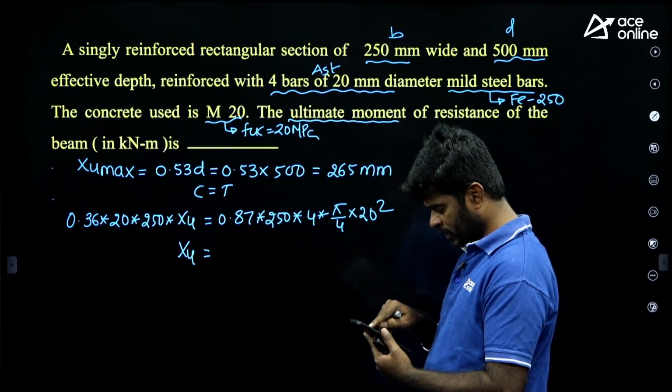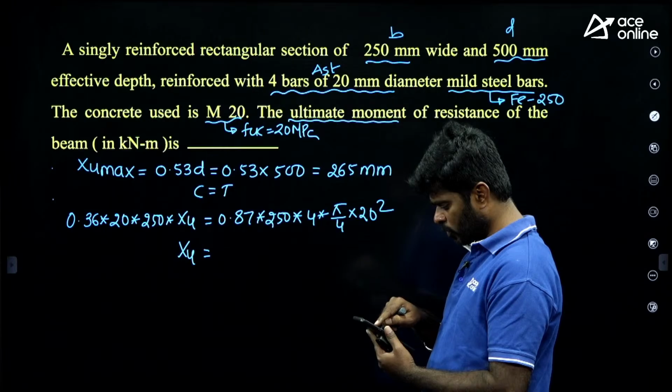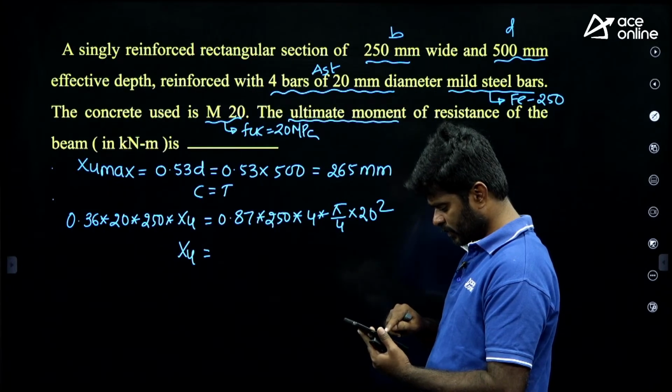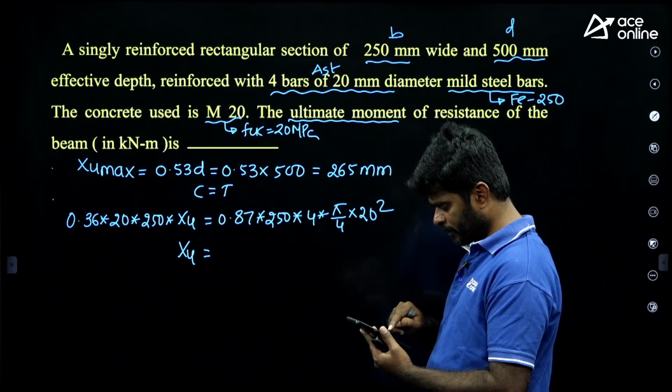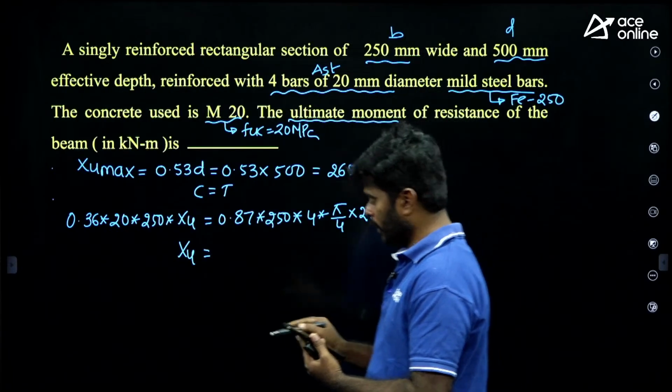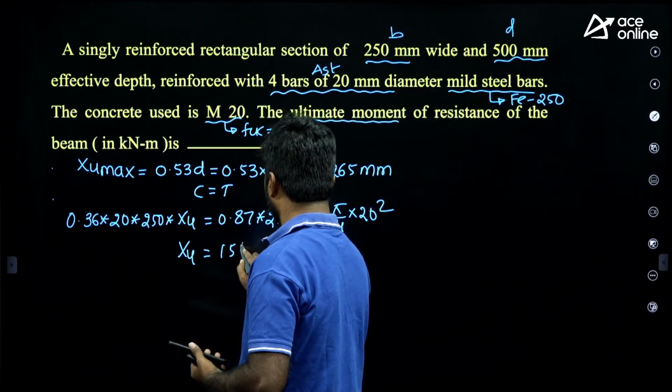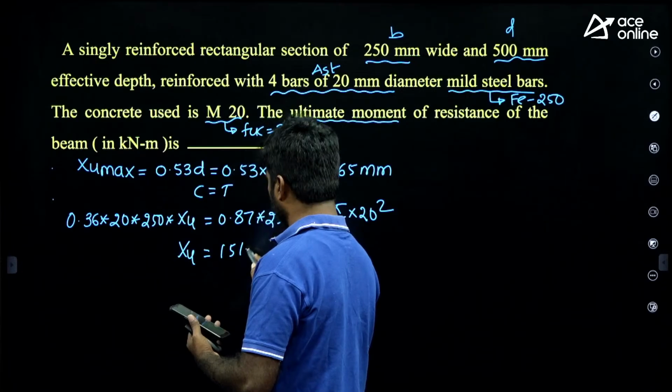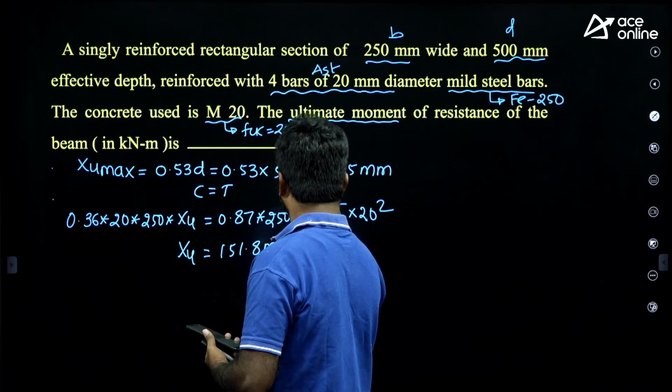Check it: 0.87 Fy into AST divided by 0.36 FCK B, we get 151.84. Let us say 8 mm.